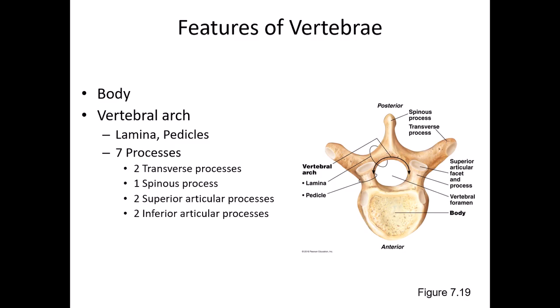And we know that the processes on the arch are for articulation with other vertebrae, above and below, superior and inferior to a vertebra, or for ribs in the case of the transverse costal facets on the thoracic vertebrae, and then lots of attachment for muscle and ligaments everywhere else.